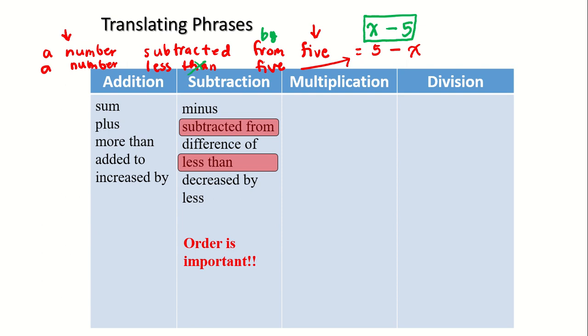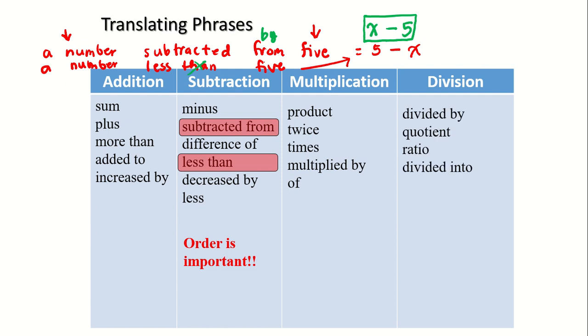For multiplication, we have the terms product, twice, times, multiplied by, or of. For division, we have divided by, the quotient, the ratio, or divided into. Again, in division, order is very important, especially the term divided into. Divided by and divided into are two different terms.